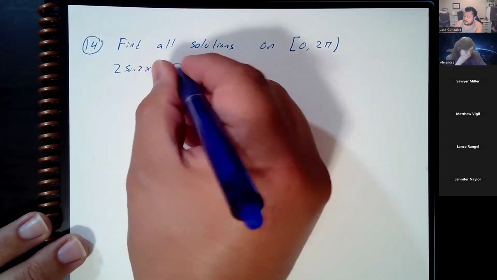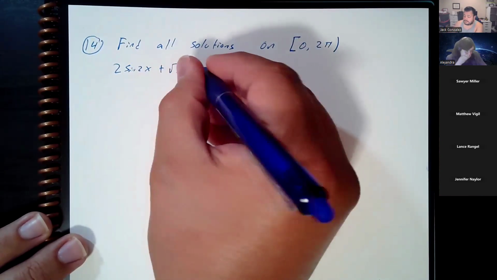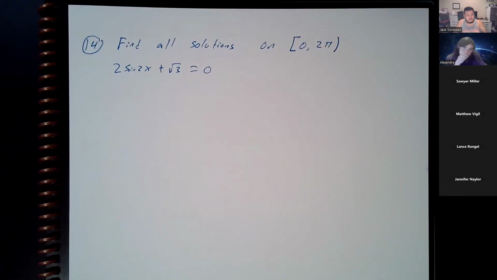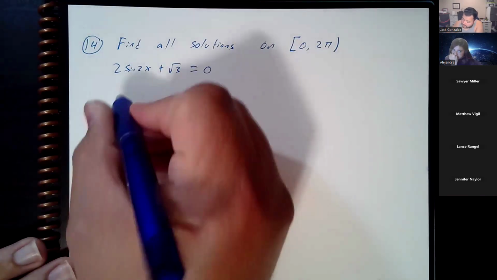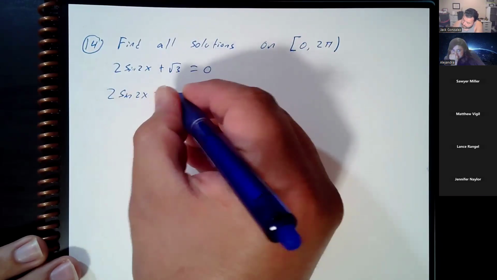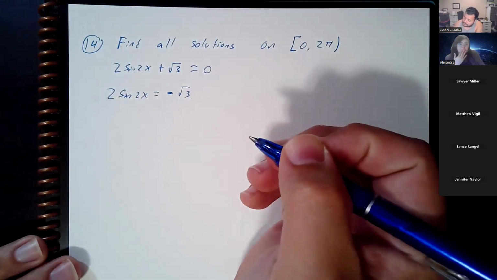Okay, so we're going to do the same thing we did in the last example. The only thing is, once we get that piece, we're going to have to find every specific answer by cycling through. All right, so here we go. Subtract your square root.